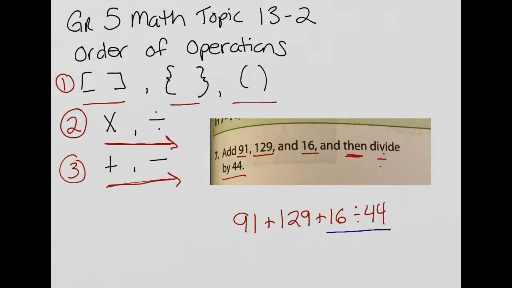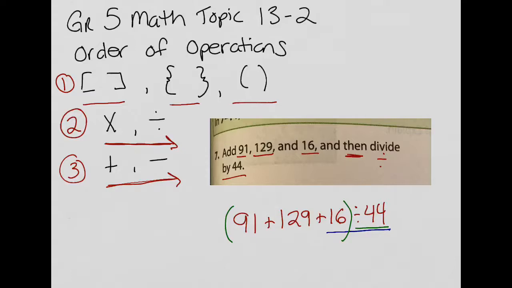So this is where the symbols come in, so you can dictate order on what the problem's asking us to do first. It wants 91, 129, and 16 added together first, then divided by 44. I will use parentheses to indicate 91, 129, and 16 are all added together first, and then divided by 44.